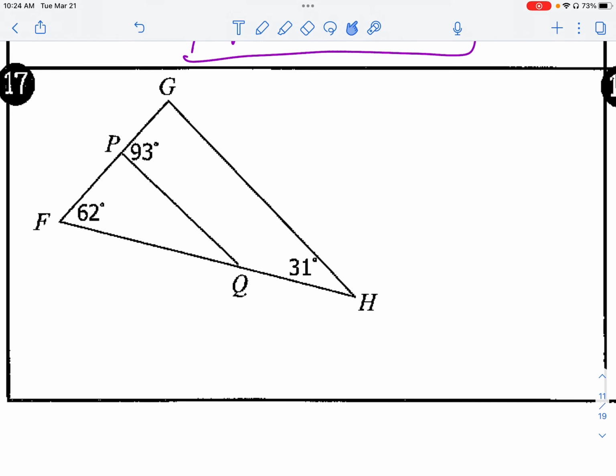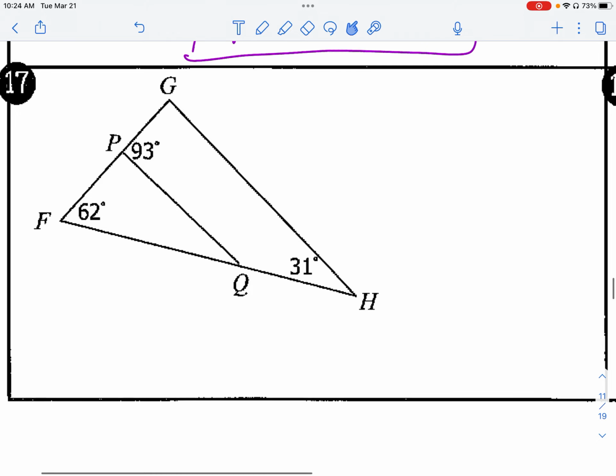17. Pause the video again and let's see how you do. All right, now that you've worked it out, let's see what we're doing. So we have an interesting thing, and we got to do some manipulation here to figure it out.